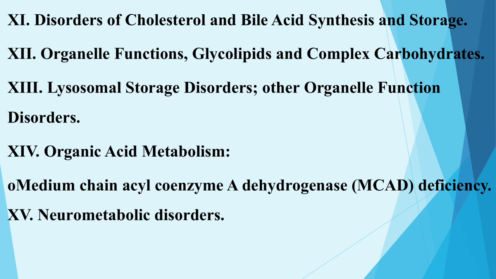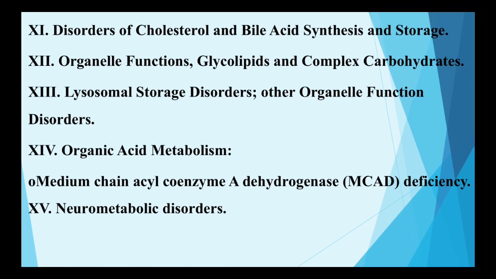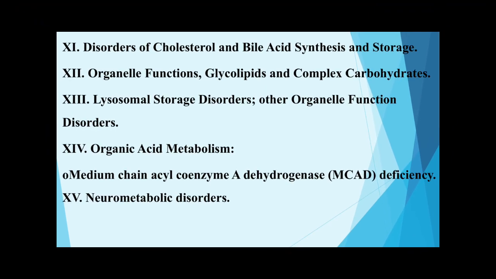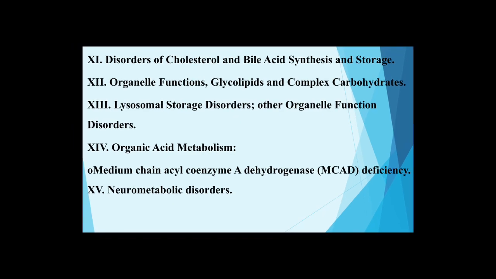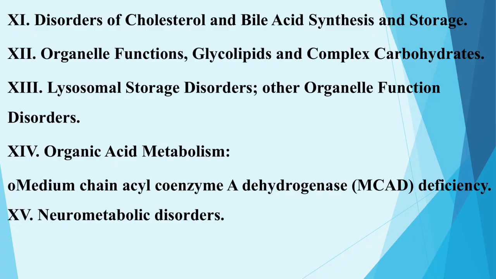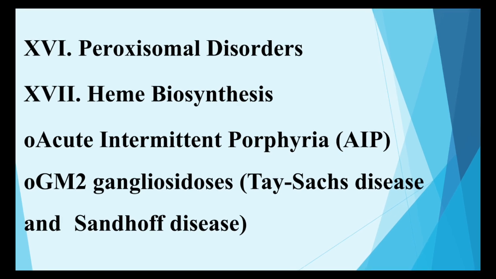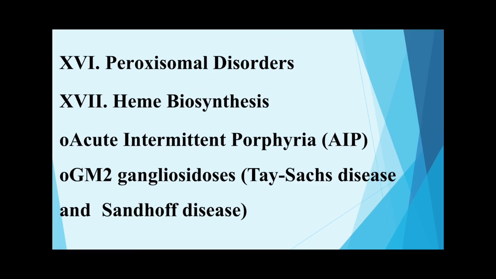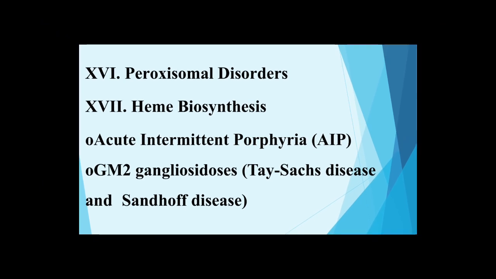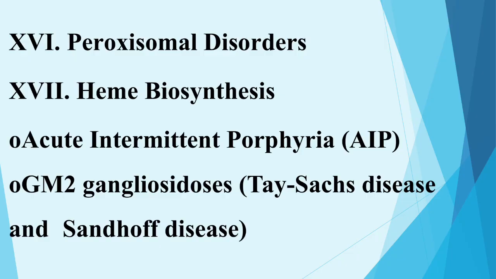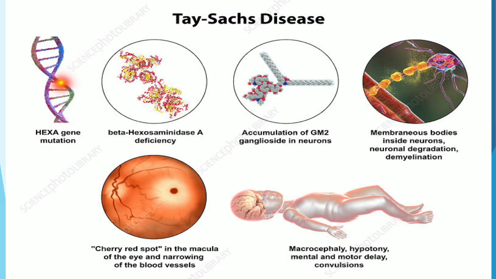Organic acid metabolism could also be affected, where you have medium chain acyl coenzyme A dehydrogenase deficiency, and also you could have neurometabolic disorders. Peroxisomal disorders are also there, disorders that affect heme biosynthesis, like acute intermittent porphyria as well. Then you could have GM2 gangliosidosis, where you have Tay-Sachs disease and Sandhoff's disease.